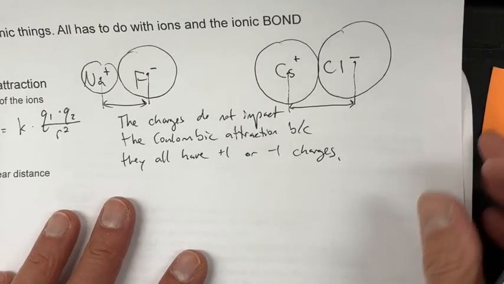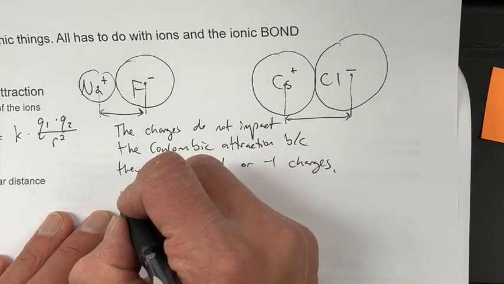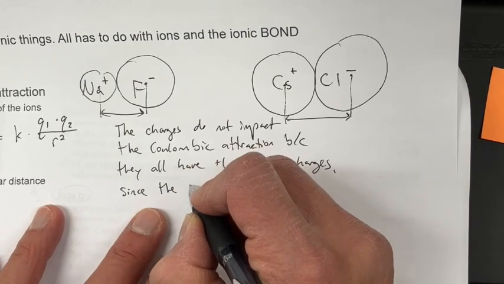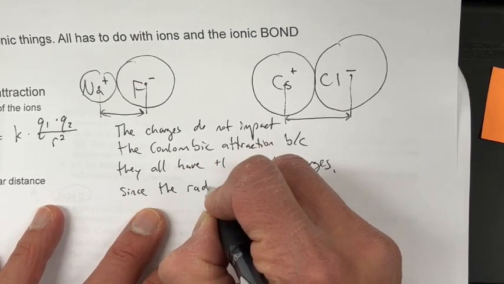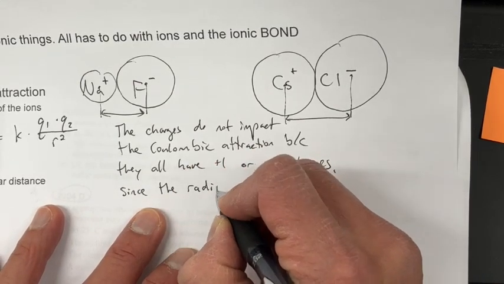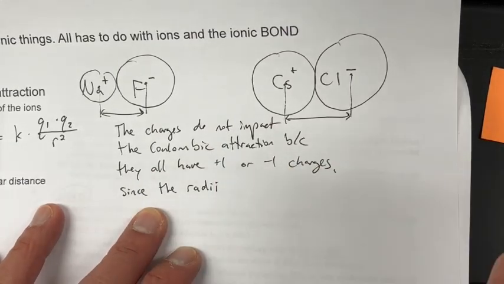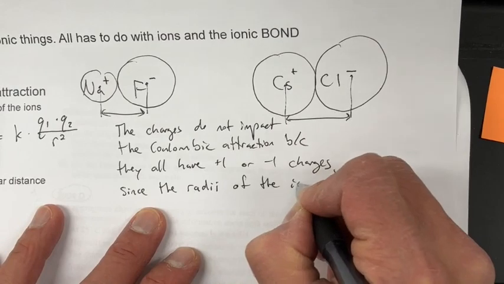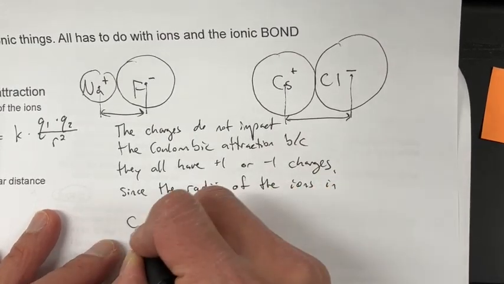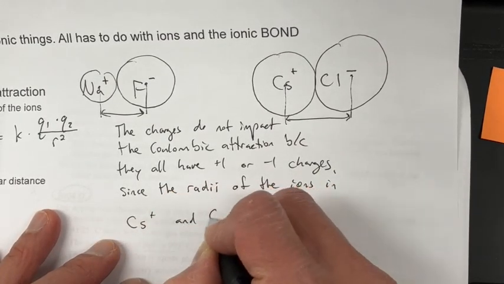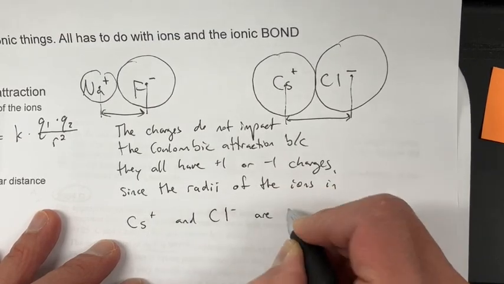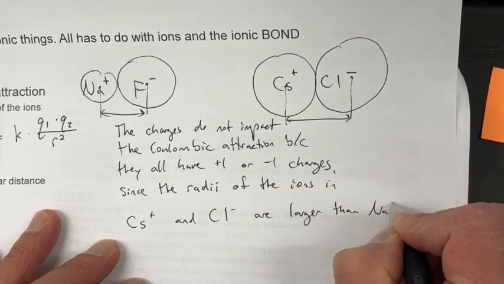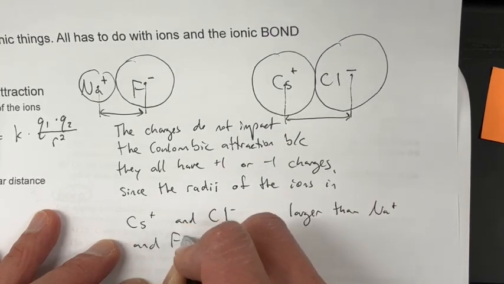So then what I'd say, since the sizes or radii, so radii is like how big the radius is. Radii of the ions in CsCl are larger than Na and F, comma.